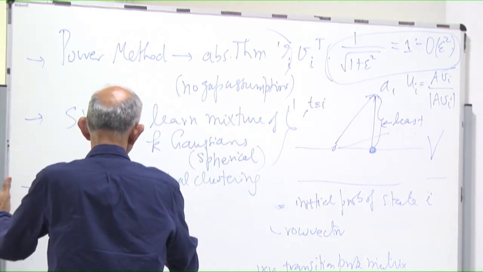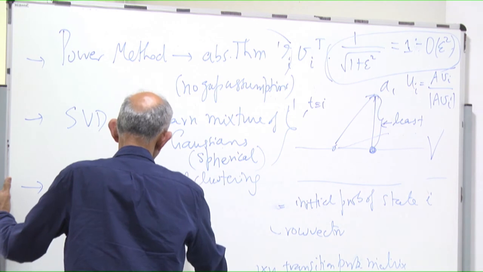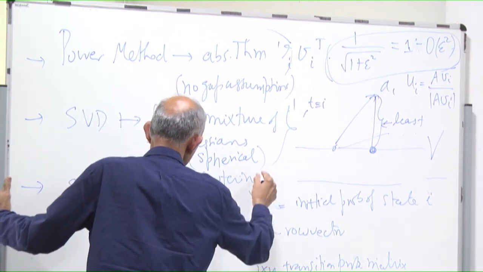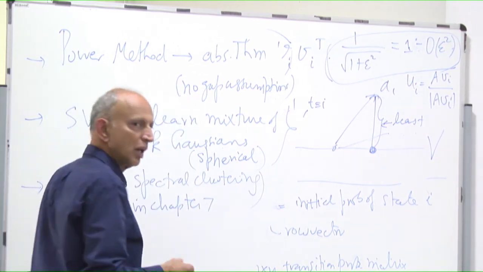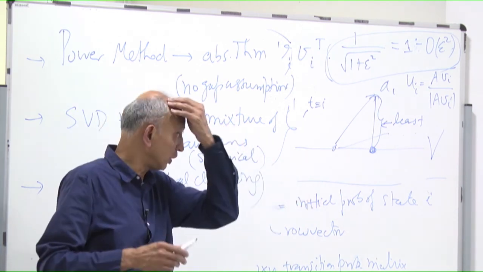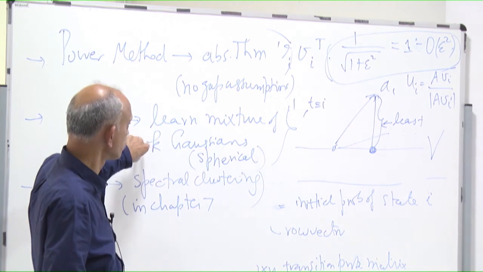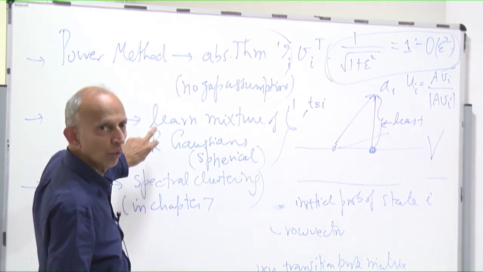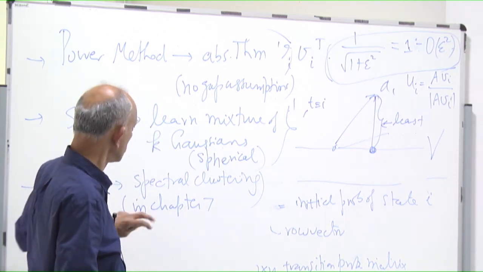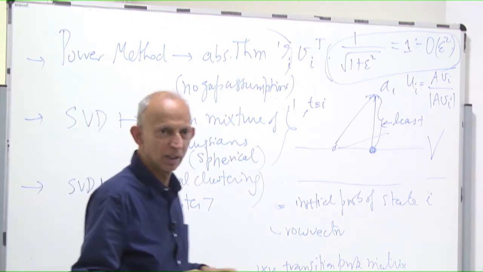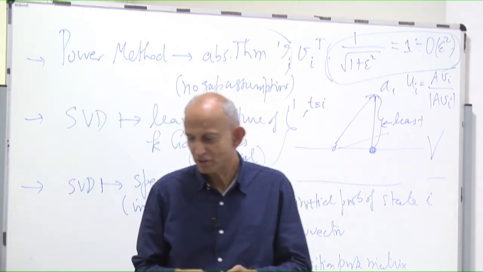Now, this is in chapter 7 of the book, not this chapter. So spectral clustering is a very widely used technique for clustering. Not just mixtures, so this is also spectral clustering. So first we do it for Gaussian mixtures, then we'll do it a little more generally. Okay? That's a rough agenda, right?